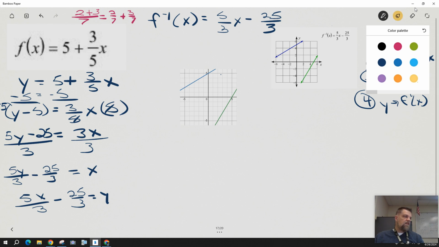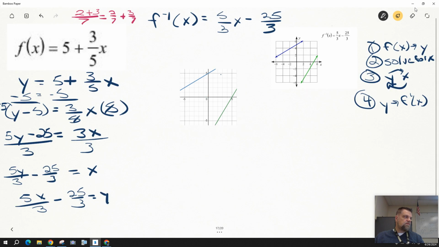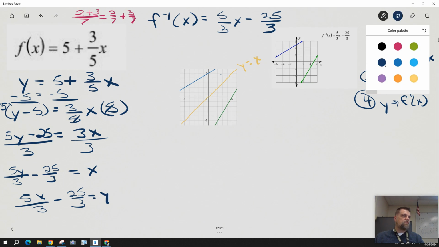So if I were to graph the diagonal, why won't it let me write on it? There we go. So that's like y equals x. And you can see they're symmetrical about that, right?